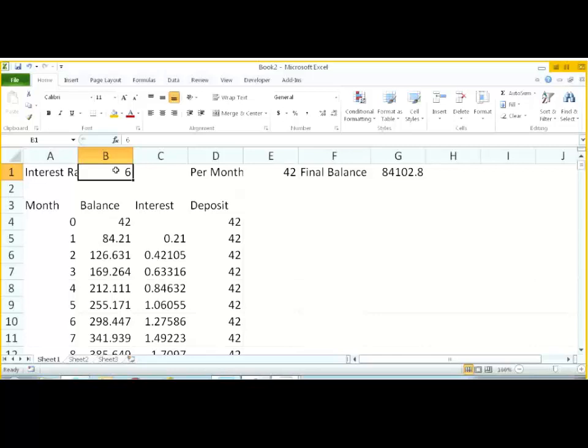So now, 6% is a conservative number, and I wish I could say that it's going to be like this in the future, but if you go back to the 1900s and look at the long-term growth of stocks, it's probably 11 to 13%, some number like that.